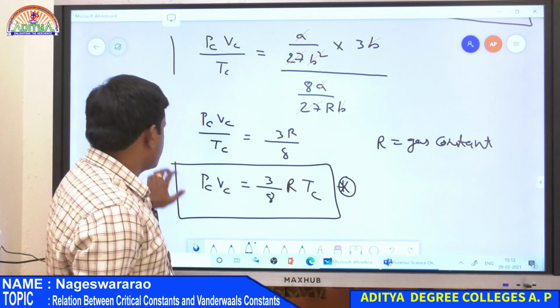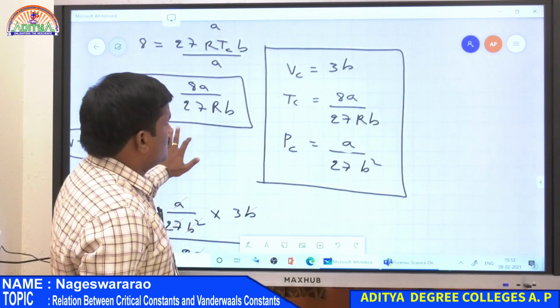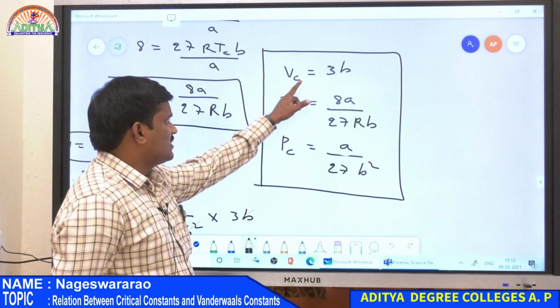So these are the relations between critical constants and van der Waals constants. Look at the relations again. So these are the three relations.